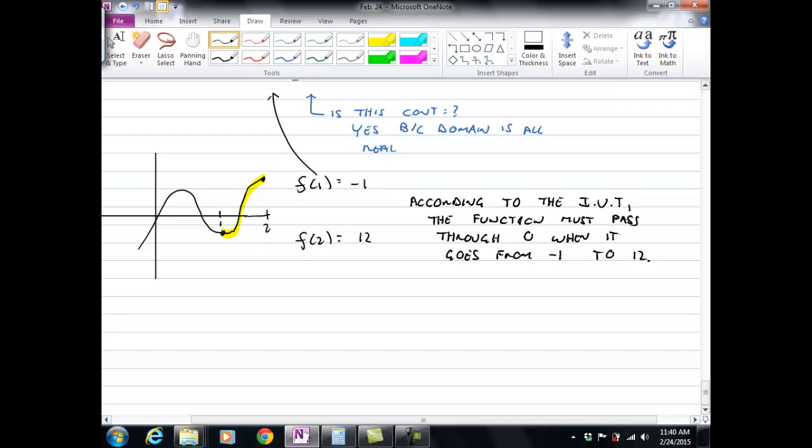You have to hit 0, and that's what it's saying. It says there's a point C. I'm not asking you to solve it. I'm asking you to prove there's a point C that it has to pass through. And that is called the intermediate value theorem. And that wraps up your work for this unit.